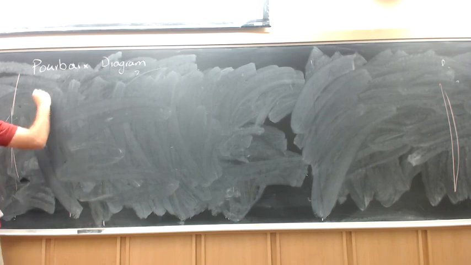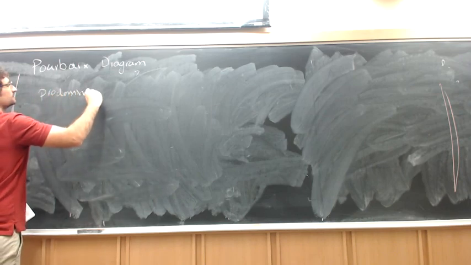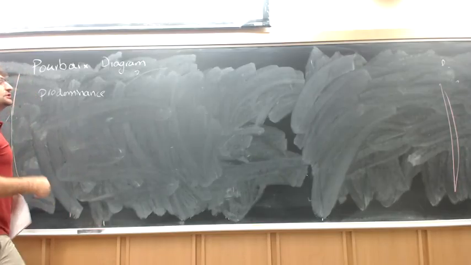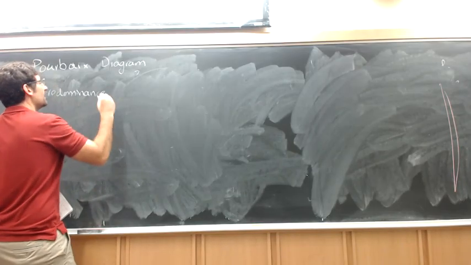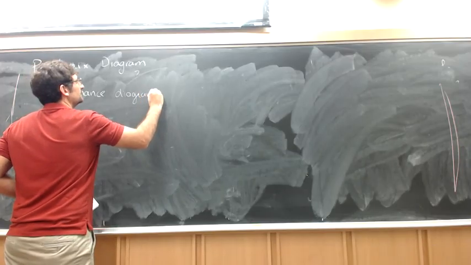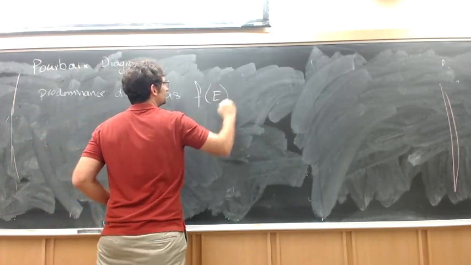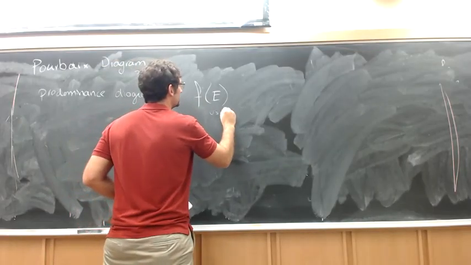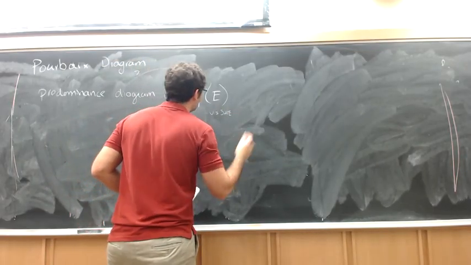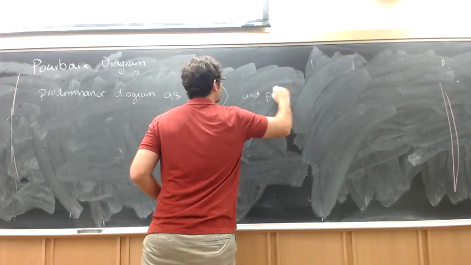It's a predominance area diagram. So it tells you the predominant species, not the only species, but the predominant species, as a function of potential, usually versus SHE, doesn't have to be, and pH.